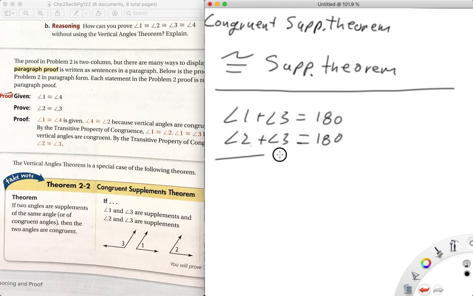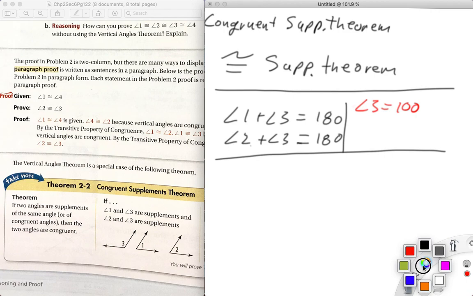Okay, so let's substitute these with numbers. Let's say that angle 3 equals 100. So when I rewrite these, I'll have angle 1 plus 100 equals 180.